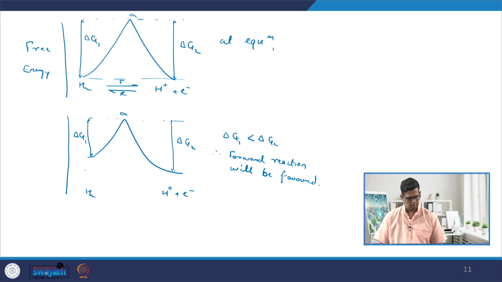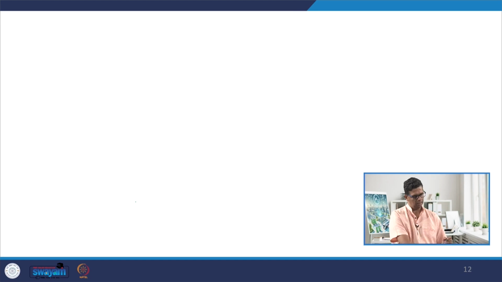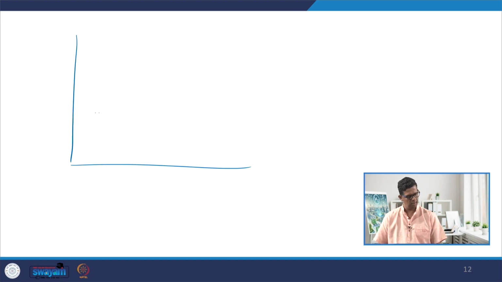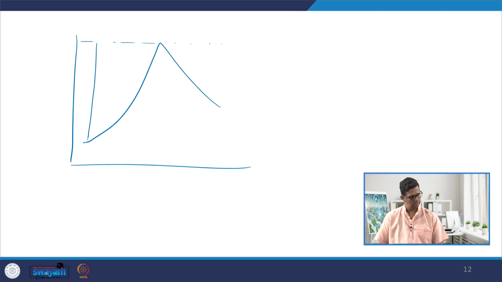And what will be the case if you want to reverse the reaction? We draw it here a little bigger. So it will be something like this. As you can see, this is our delta G1 and this is our delta G2, activated state.